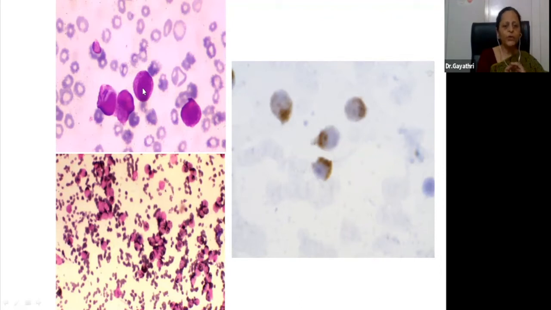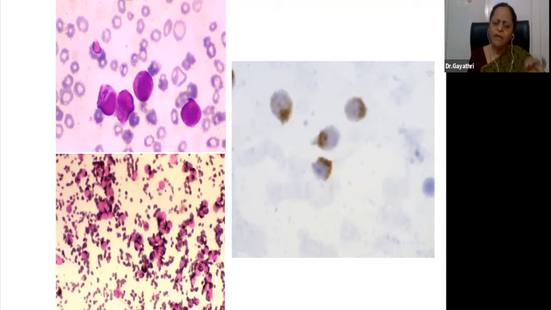So what will you do? You must immediately do a myeloperoxidase, and you will see that almost every single cell is showing intense myeloperoxidase positivity. So morphologically, this abnormal population of WBCs can be identified as APML.